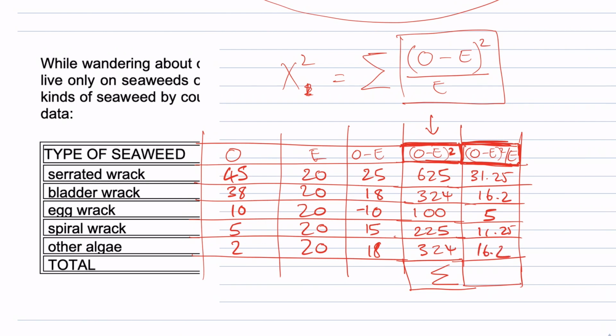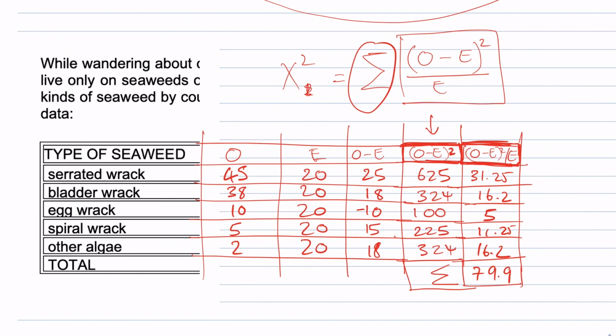And now we just have to do this last step, which is to add all those values up. So 31.25 plus 16.2 plus 5 plus 11.25 plus 16.2 equals 79.9.